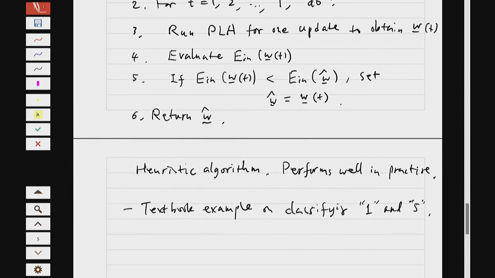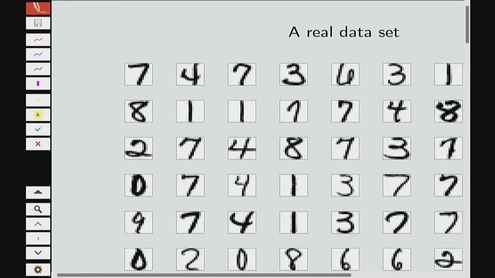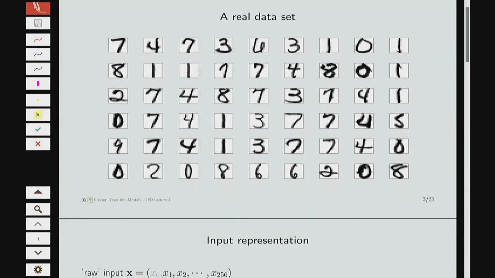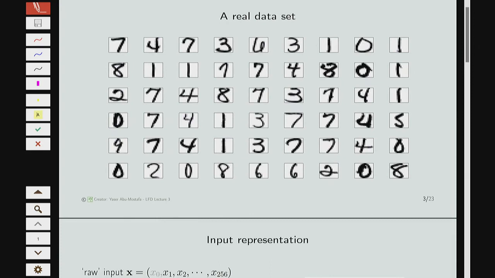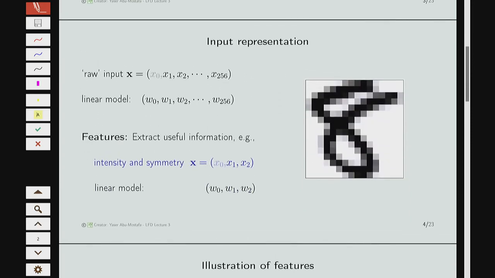Okay, so let's take a look at the textbook example. We have seen this before in the first lecture, right? Handwritten digits. You want to train computers to recognize handwritten digits like this. So you're given the training examples, which are these digits with a label. One direct way to do it is to say that this image is a 16 by 16 pixel image.